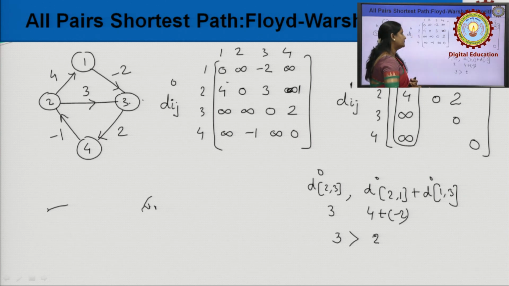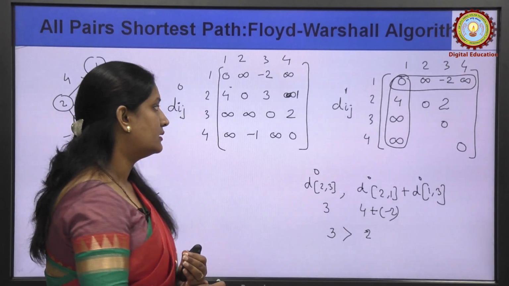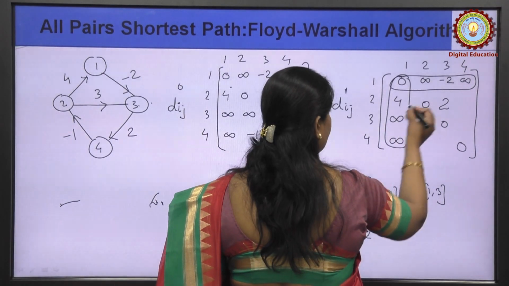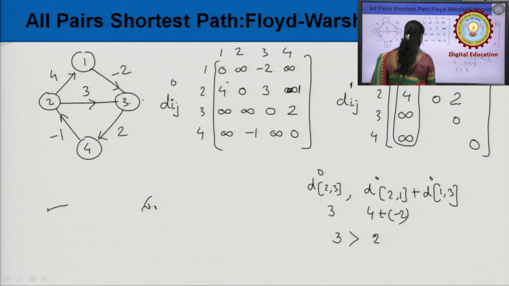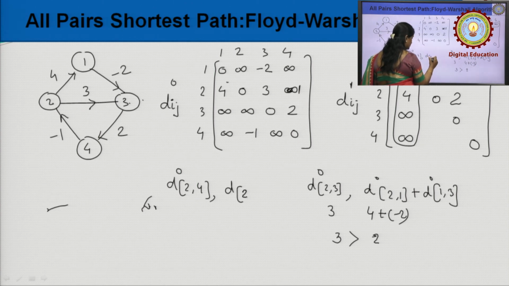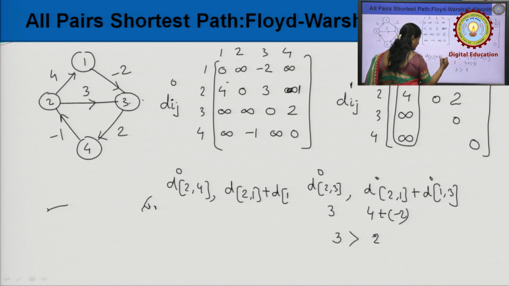Now calculate the distance of 2 to 4 via vertex 1. First take the 2 to 4 value from the previous matrix and put the intermediate vertex, like 2 1 plus 1 4.